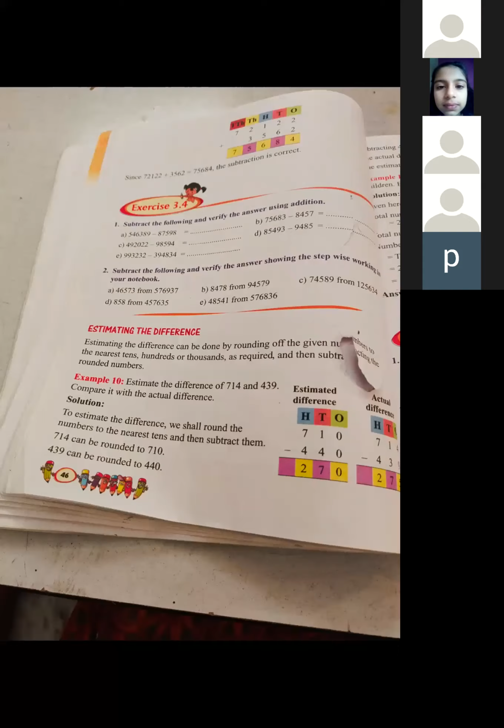Fine. Now I am going to share the next one. Have a look in this. Your exercise 3.5. That is related to estimate means round off.